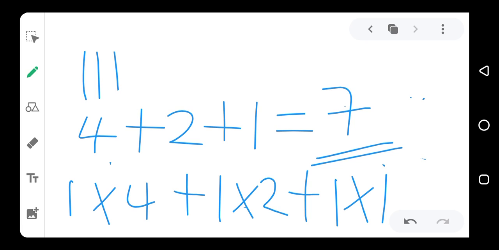Then you count the numbers that are after it and you use it as a power and put it on top of the 2. Then later you find the power, get the power of the 2, and then you multiply it by the number you have, and finally you add whatever you have to get the final answer.